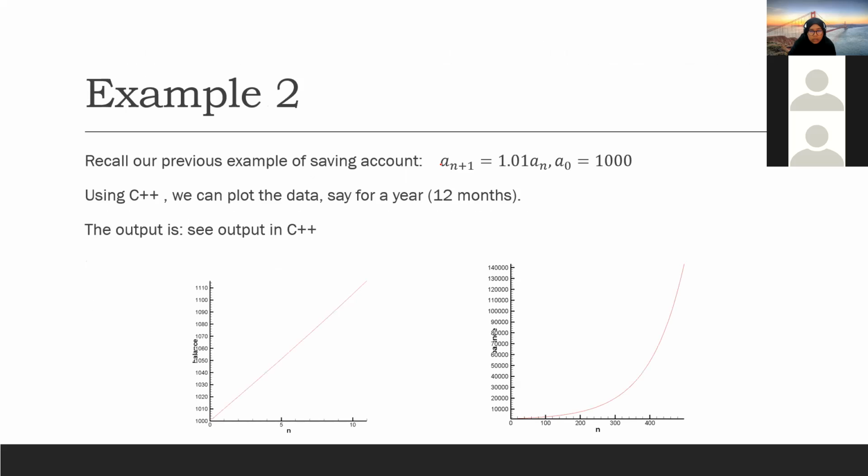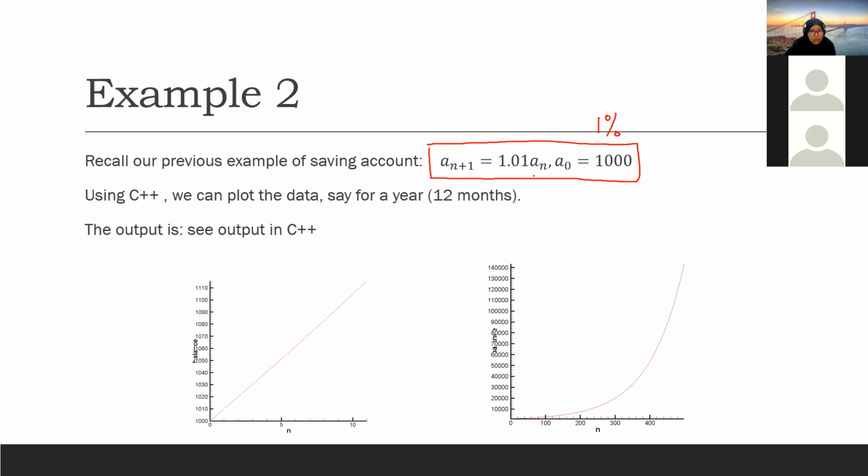Okay, contoh yang tadi. So let's take this example of saving account. Okay, so kalau kita tengok tadi, saving account, so this is at 1% of interest rate for 1 month.